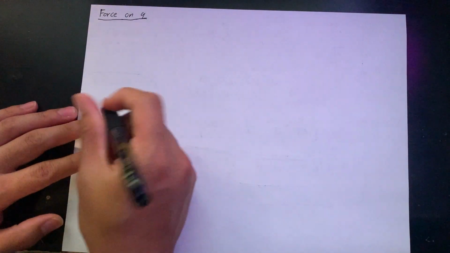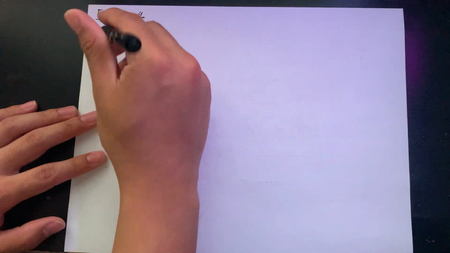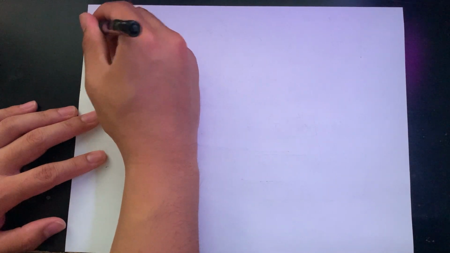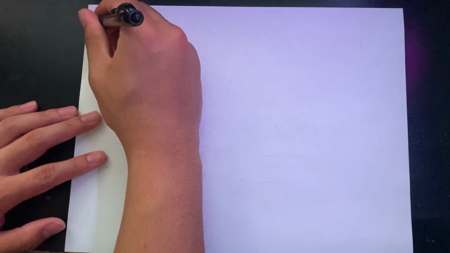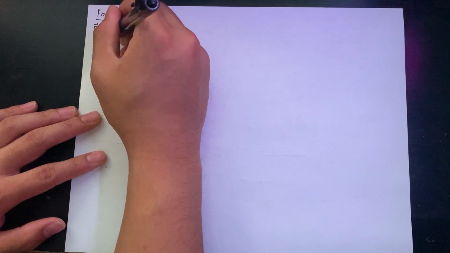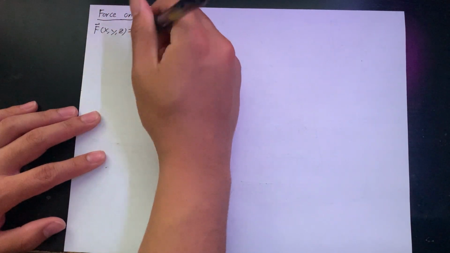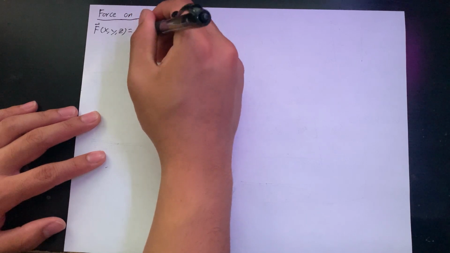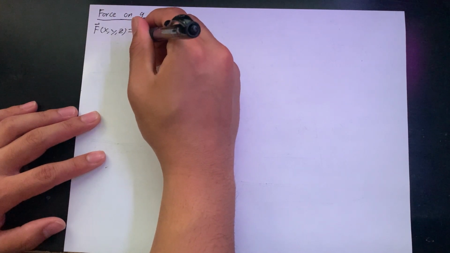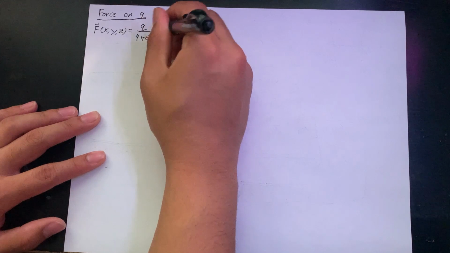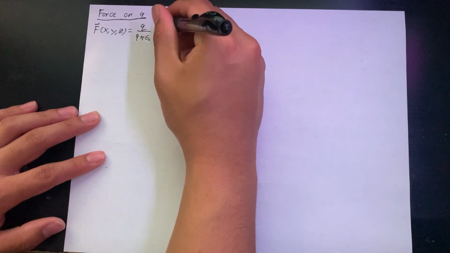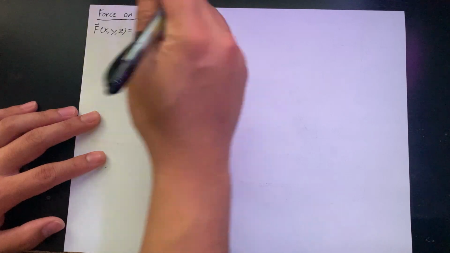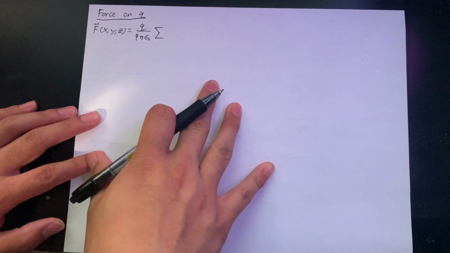Okay. And we know the equation for force between two point charges to be as follows. So the first point charge over 4 pi epsilon naught times the summation of all the other charges.